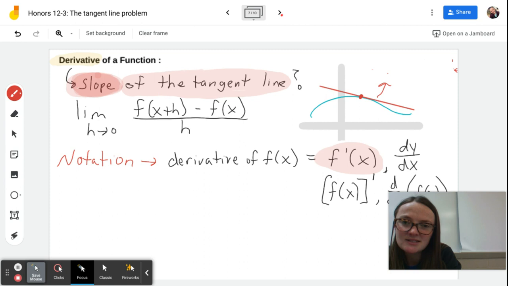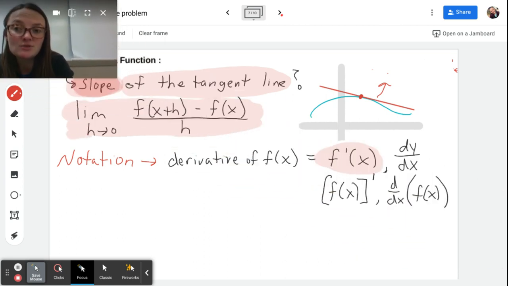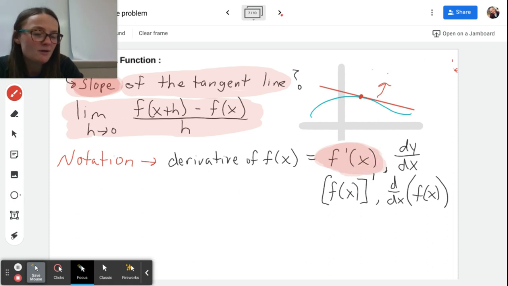We just talked about how the slope of the tangent line is this limit, the limit as h approaches 0 of this whole thing. So when I say the word derivative, what I'm really asking for is the slope of the tangent line. And to find that, we need to use the limit. The most common notation you're going to see for derivatives is f prime of x.